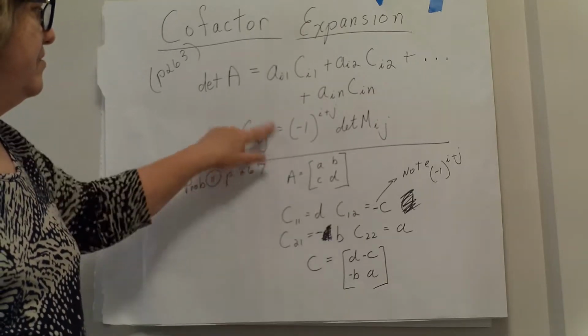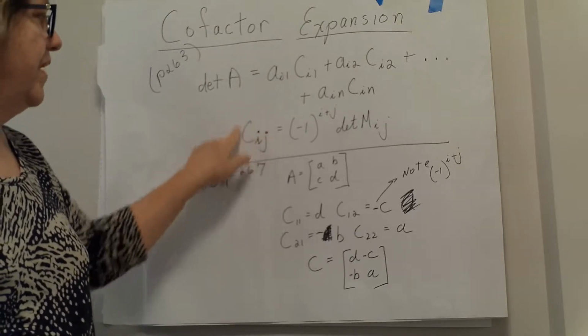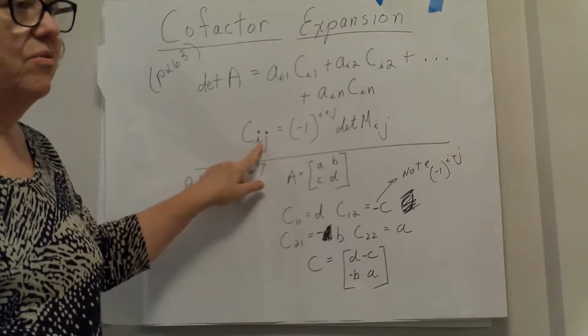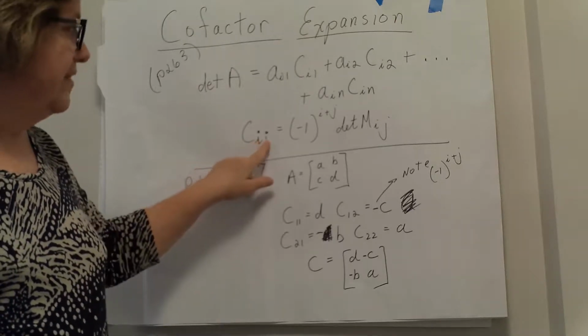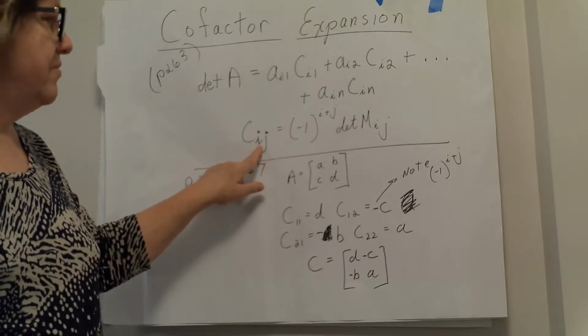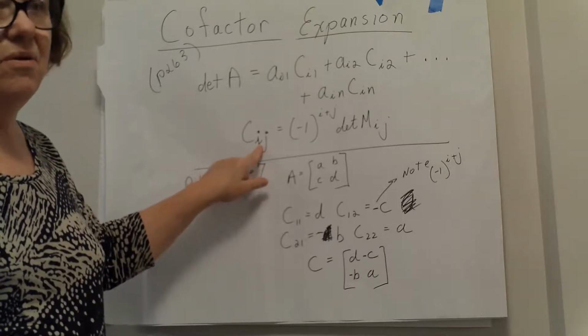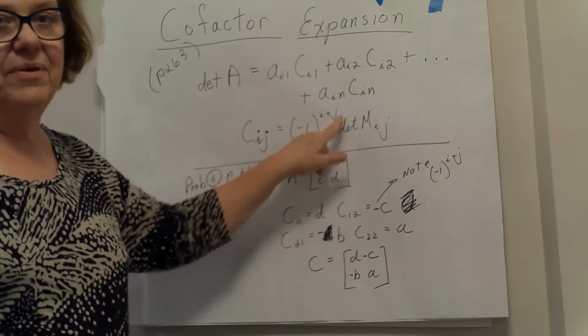Okay, these are the cofactors, right? Right here, these are the cofactors. And notice there is a cofactor for each i and j. That cofactor is the determinant of the matrix that you're left with when you eliminate row i and column j, times -1 to the i plus j.